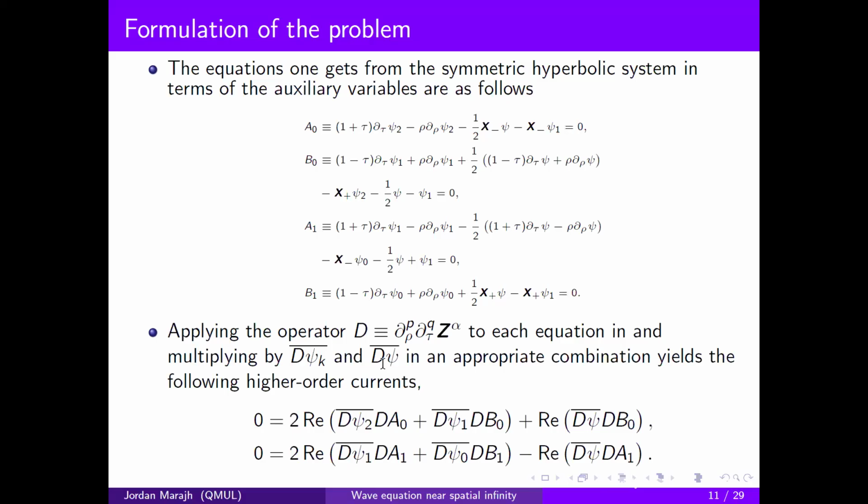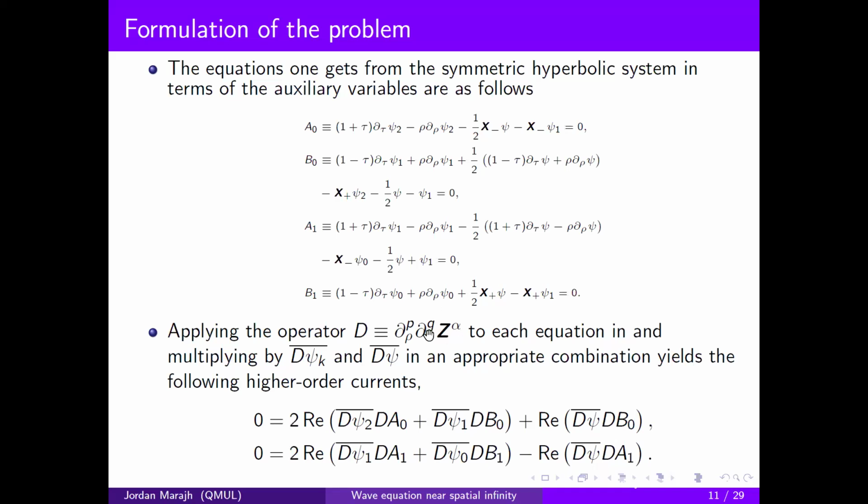So here are what the conserved currents look like, at least structurally. I can apply this operator D, which contains rho derivatives, tau derivatives, and these x's. They're made of these functions z. You can construct these from the lifting, technically speaking, of your S2 to S3 to avoid some coordinate singularities, but that's just a technical thing.